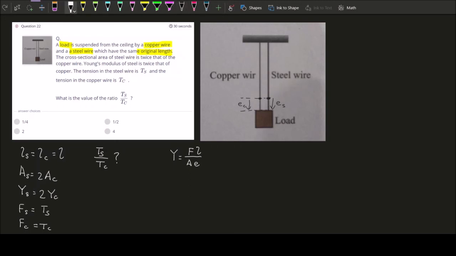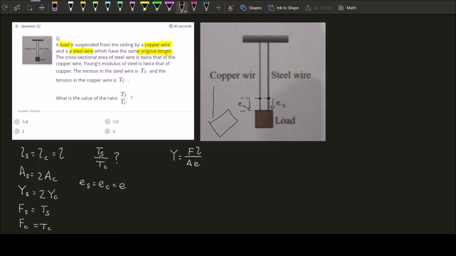So you can add another piece of information, es equals ec, and let's just call it e. That's a new relationship we find. Just another word: if the elongation is not equal, you can imagine it like a slanted load.